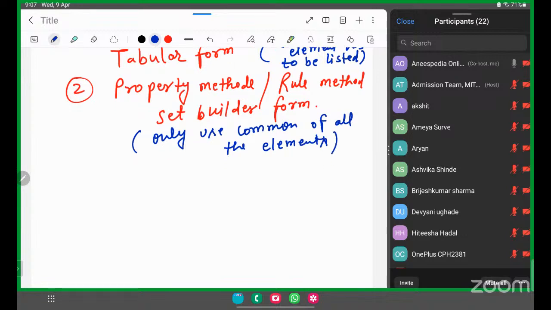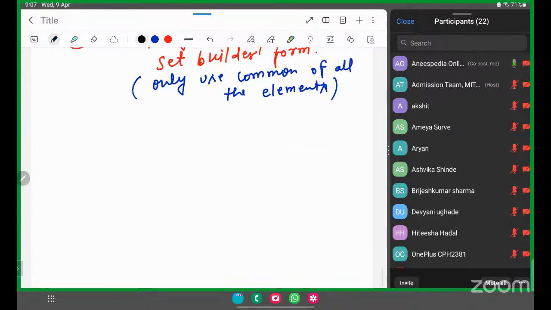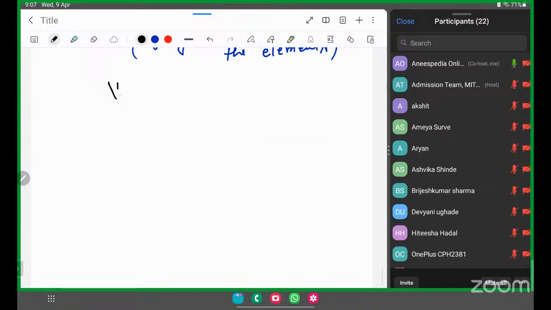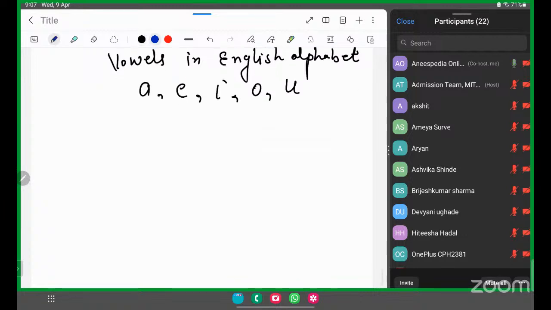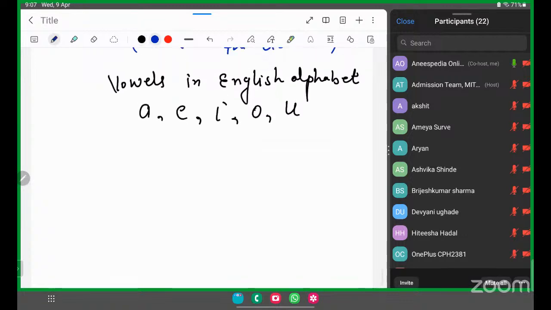For example, we have vowels in the English alphabet, which is given by A, E, I, O, U. Now this information can be represented in two different forms.